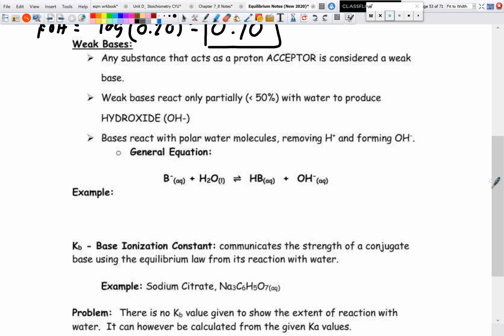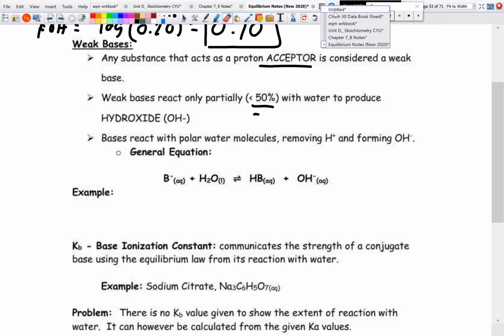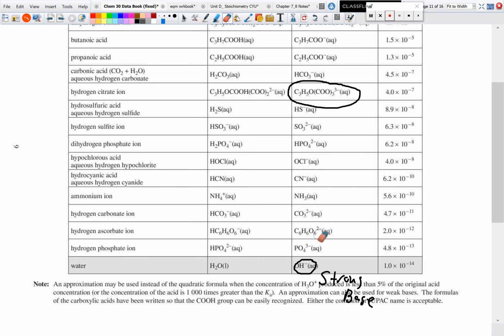So remember, a weak base is something that is a proton acceptor. It doesn't dissociate, it just accepts a proton. Weak bases only react partially with water, again creating an equilibrium. So this is our general reaction for a base. You will notice that we're using B minus for the general form. The reason for that, same as when you look at your data booklet, is that all of the bases are charged except for ammonia.